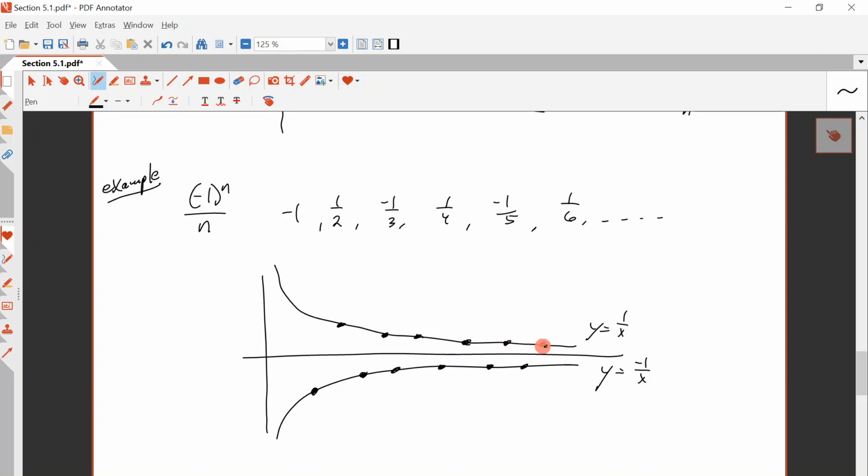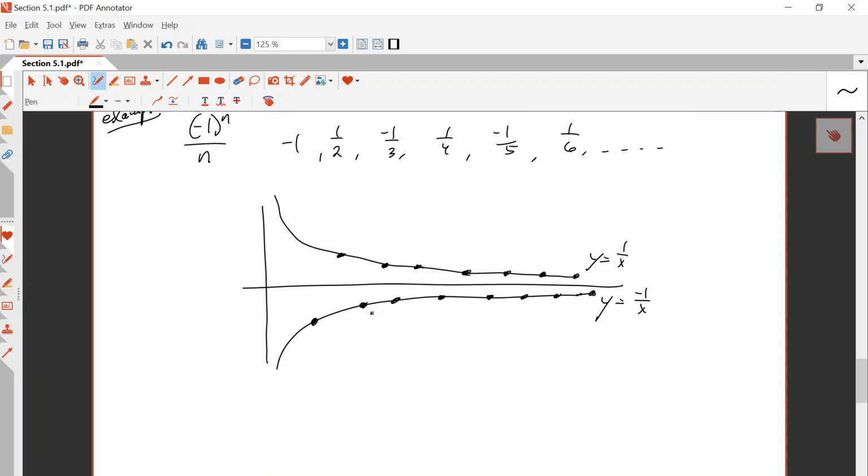So this sequence, even though it flip-flops positive, negative, is still going to 0, because both of these curves get as close to the x-axis as you would like, arbitrarily close.